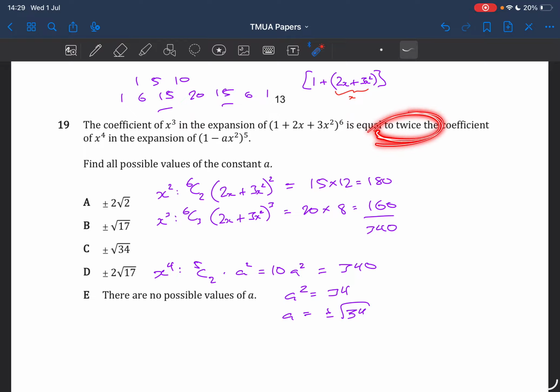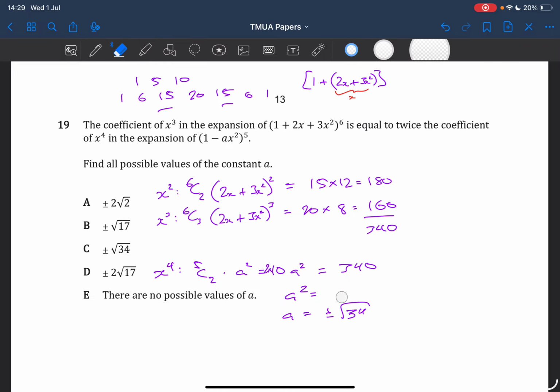It's equal to twice the coefficient of that one, so this side should be times by 2. So it should be 2 times that, 2 times that. So half this thing, 17. Okay, that looks good to me.